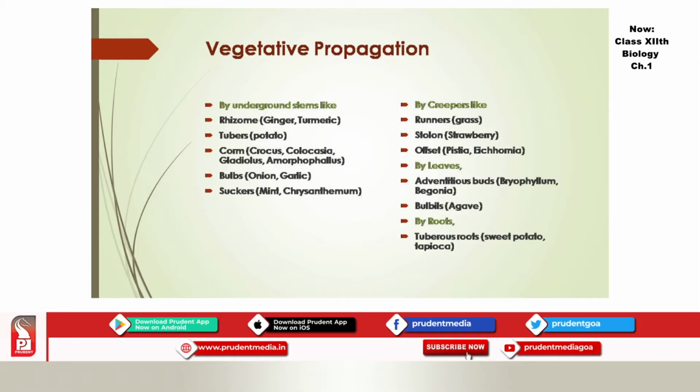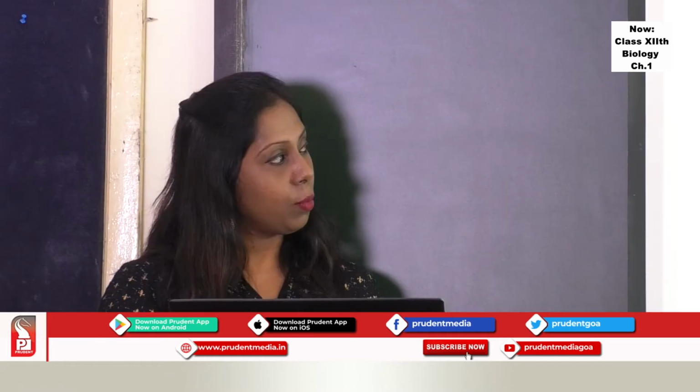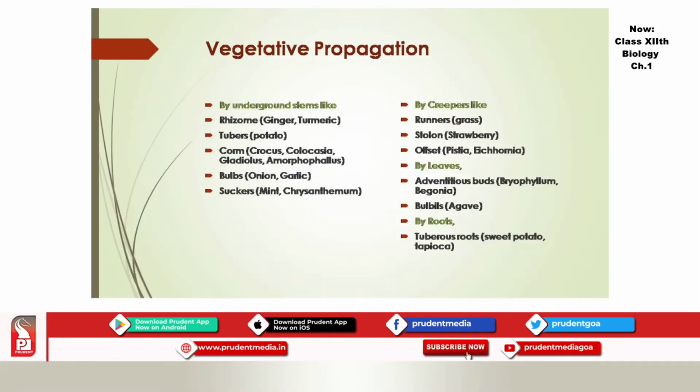By leaves, vegetative propagation is seen in bryophyllum and begonia, with the help of adventitious buds. And bulbils, for example, agave plant. And last, you have propagation with the help of roots, seen in sweet potato and tapioca with the help of modified tuberous roots.